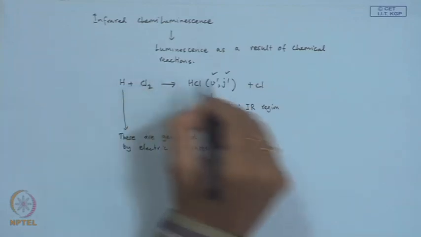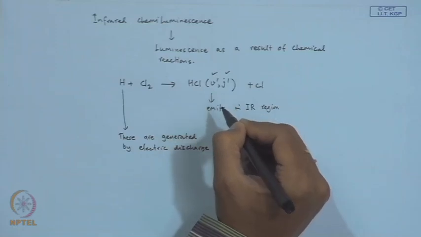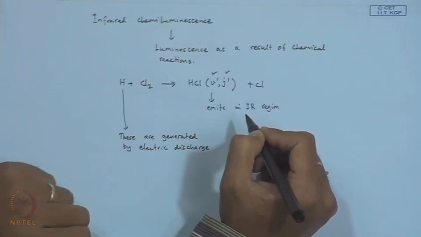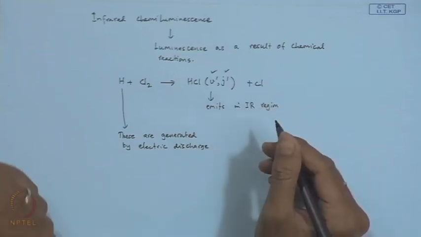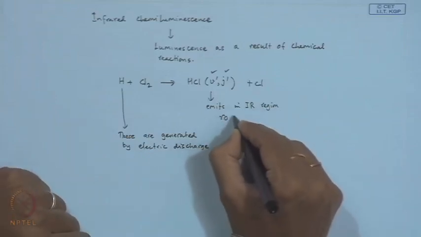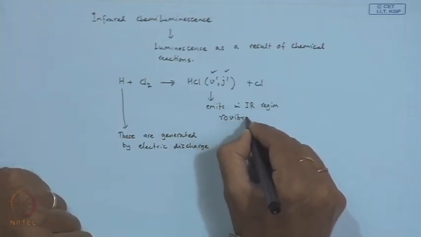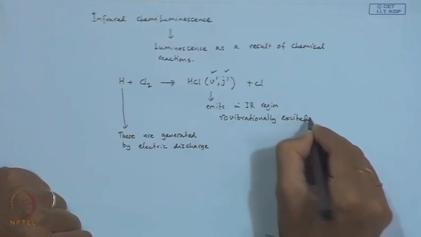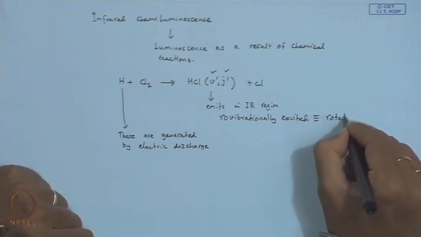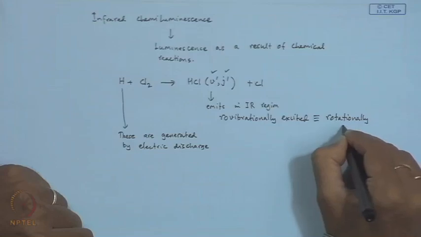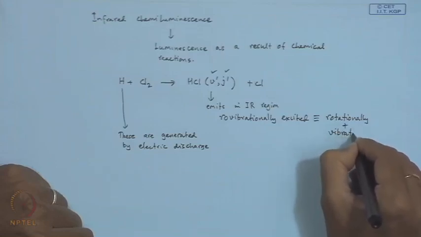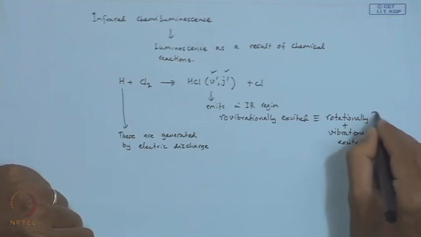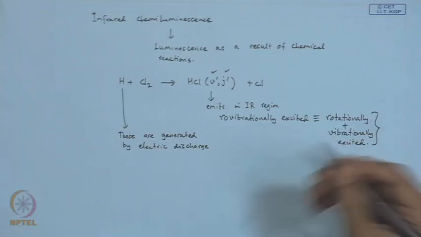And because of this collision, because of this reaction, gas phase HCl is generated in the rovibrationally excited state, meaning rotationally plus vibrationally excited, excited in both senses, and it is luminous.